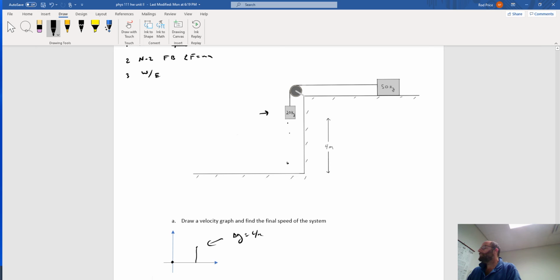Now, there's another way you can get the v final, and it's a way I tend to not use a lot until a little later in the course. Anytime your velocity graph is linear, velocity against time, I usually recommend people use this trapezoid approach.